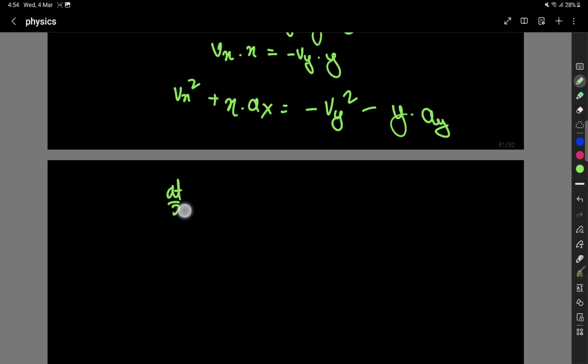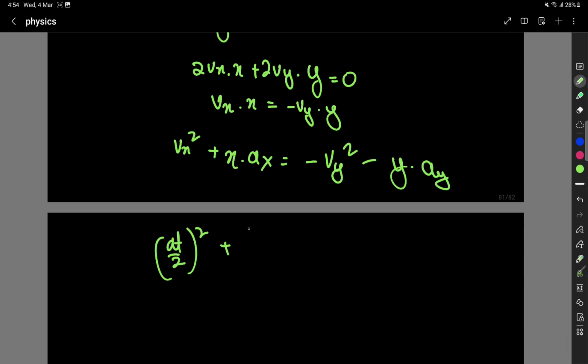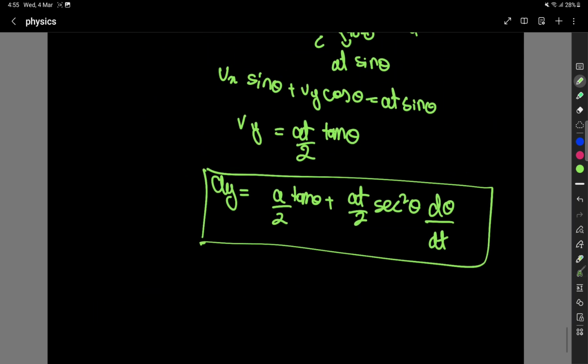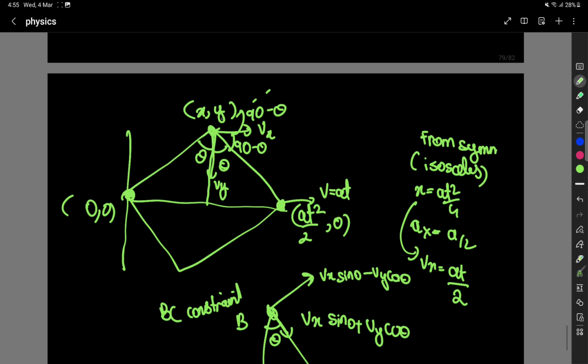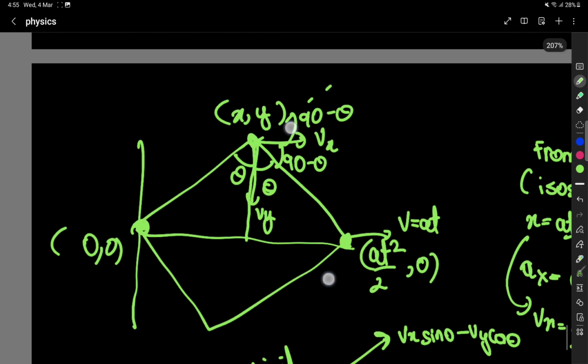So 80 by 2 whole square plus the x component comes out to be what? Yeah, the x component is 80 square by 4, and this one is A by 2, equal to minus of 80 by 2 whole square tan square theta minus what is the y component, y coordinate. Do we have that? We don't.